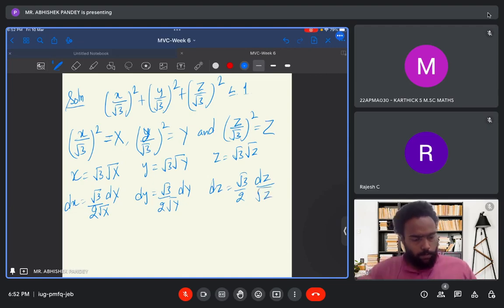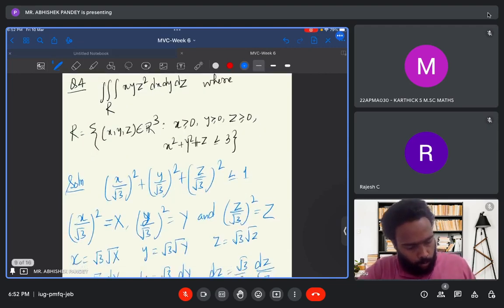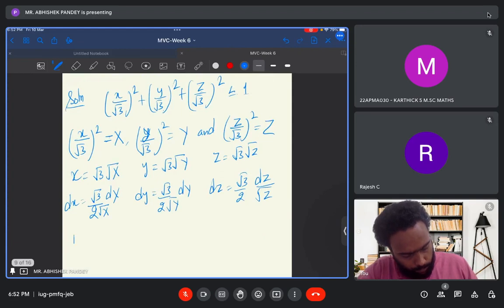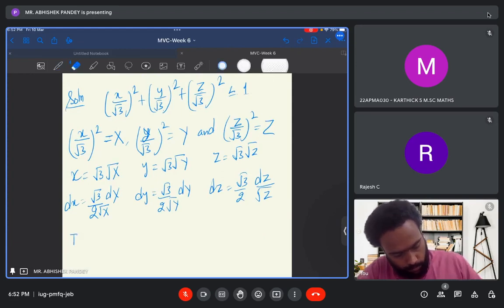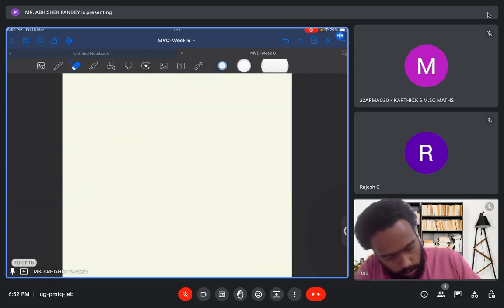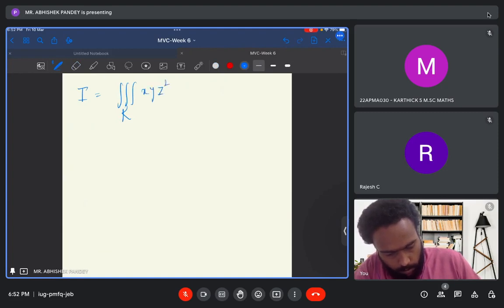So this integral will become, let us write it from the next page. So integral I is over region R x y z square dx dy dz.